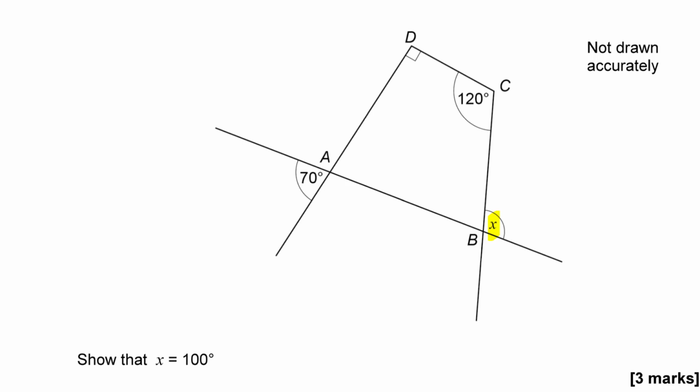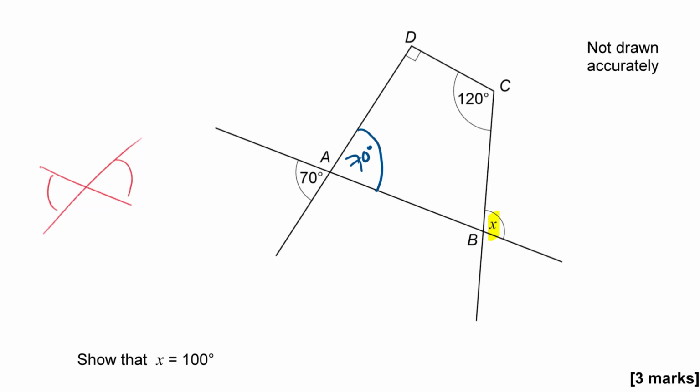So how might we find that out? Okay, well first off, let's have a look over here where A is. I've got 2 lines that cross, and you should know that these 2 angles, which are called vertically opposite angles, are equal. So that angle there must be the same as 70, so that must also be 70.